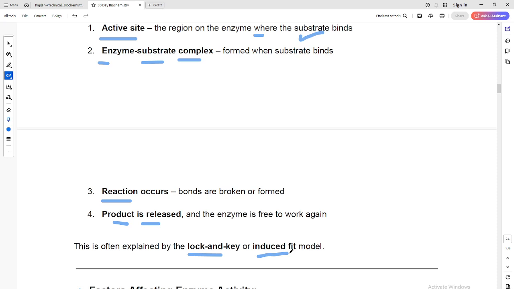So another new theory is called the induced fit model. It explains that once the substrate is around the enzyme and comes in contact, it improves its active site to bind better with this substrate.